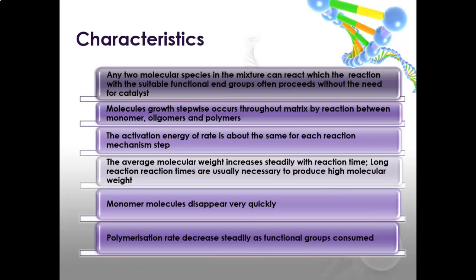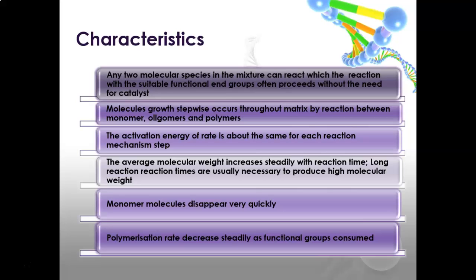We look at the characteristics of step growth polymerization. Any two molecular species in the mixture can react, and the reaction with suitable functional end groups often proceeds without the need for a catalyst. Molecules grow stepwise throughout the matrix by reaction between monomer, oligomer, and polymer. The activation energy is about the same for each reaction step.